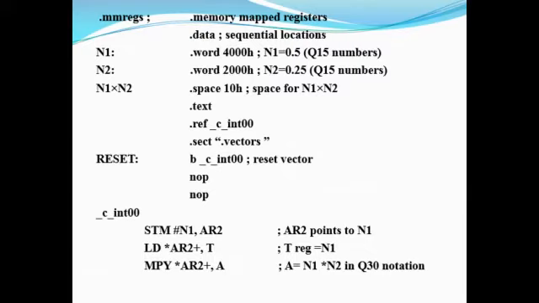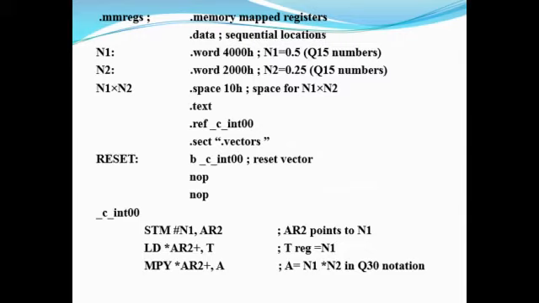Then loading the temporary register with the value n1. So we are just loading this value into a temporary register. Then we are going to use a multiply instruction. MPY is for multiplying the value n1 with the value n2 which is in the accumulator. So one value is stored in the T register, which is n1, and the other value is in the accumulator, which is n2.